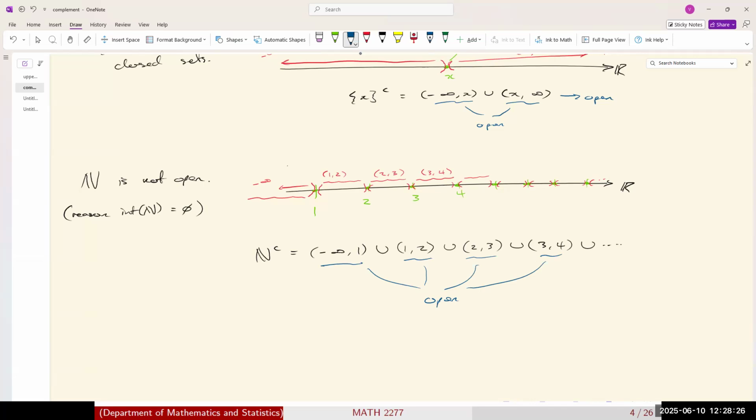But remember, the moment you are unioning open sets, it doesn't matter how many, infinite, countable, uncountable, finite, doesn't matter. Once you union open sets, you are guaranteed to get an open set. So again, the complement is open, therefore the original set is closed. Okay, so the natural numbers is a closed set.